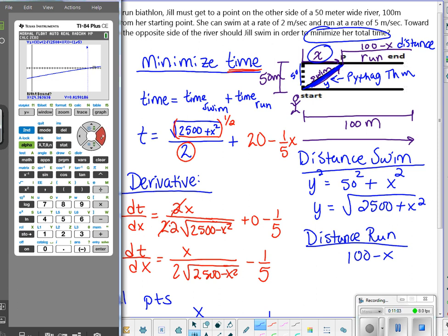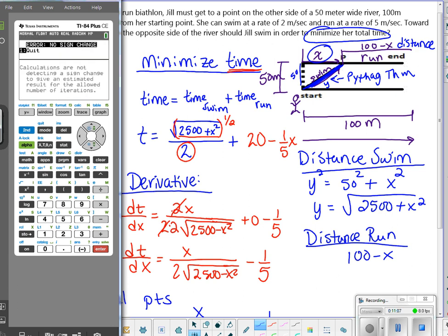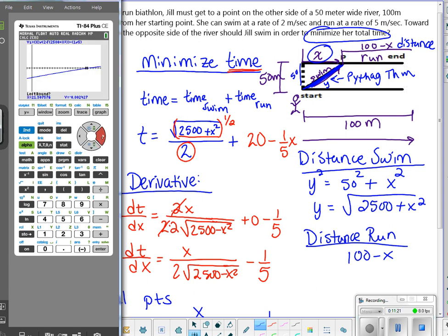I think I would trace 20. I know it crosses over around 21. So I'm going to hit second calculate, zero. I was not far enough behind it on the left side last time, so I missed the zero.